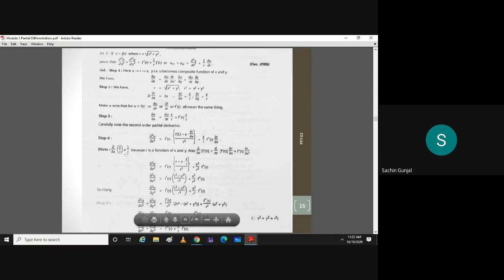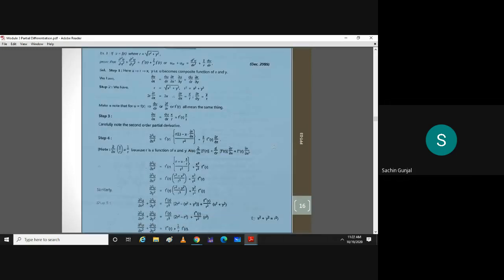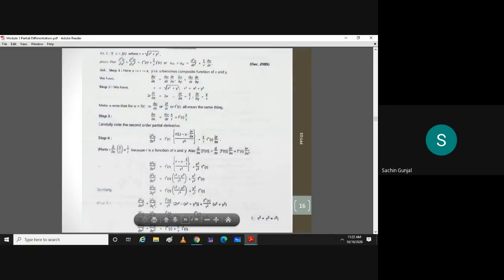Now you add them, ∂²u/∂x² plus ∂²u/∂y². So f'(r)/r³ is common. This r² plus r² becomes 2r² minus (x² plus y²), plus f''(r)/r² is common into bracket x² plus y². But x² plus y² is nothing but r².